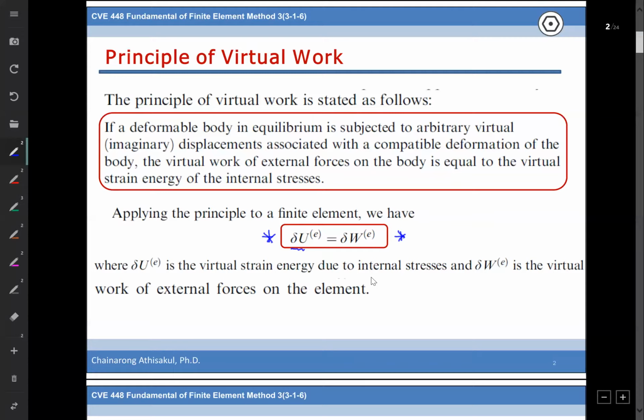We have to note that the principle of virtual work can be used in many types of problems, including linear and nonlinear.